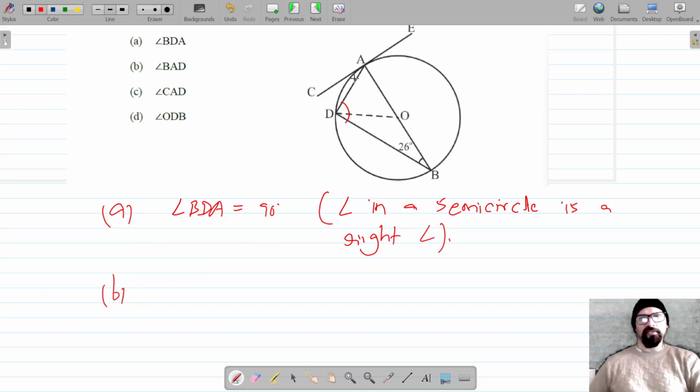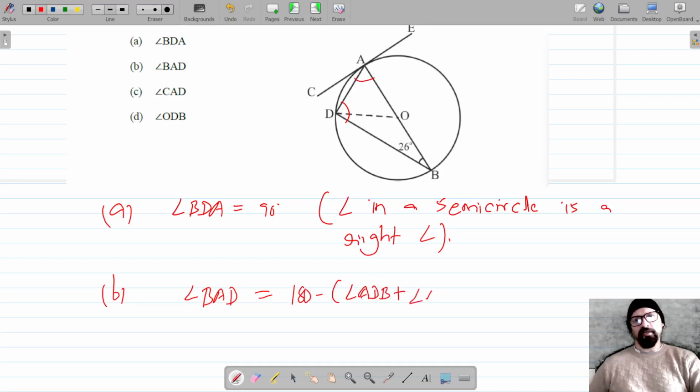For part B, which is angle BAD, angle BAD is this one. So we can use the angle sum property for angle BAD. So this is 180 minus angle ADB plus angle ABD, which is equal to 180 minus, angle ADB is 90 plus angle ABD is 26.